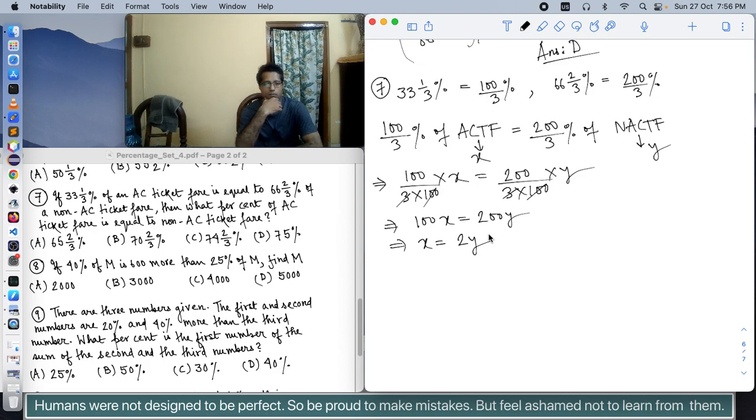Okay. Now what percent of AC ticket fare? AC ticket fare is x and non-AC ticket fare is y. So what percent of AC ticket fare is equal to non-AC ticket fare?